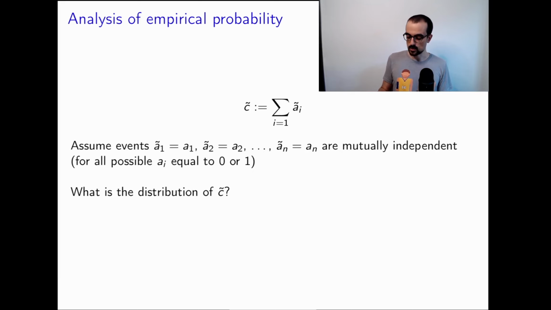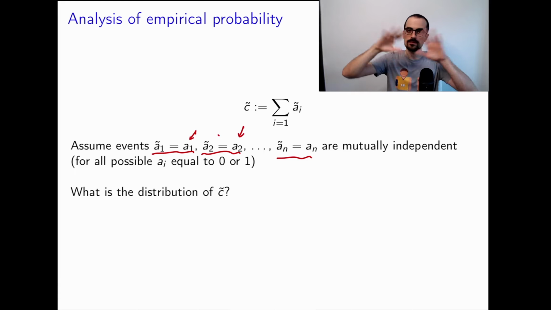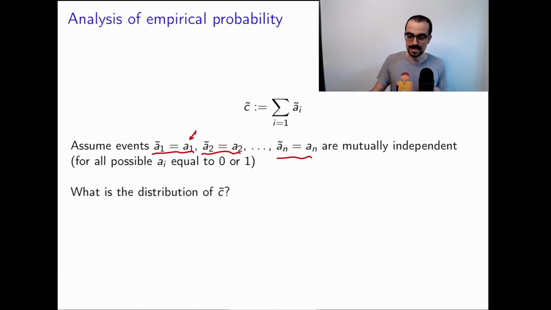The events A1 is equal to 1 or 0, A2 is equal to 1 or 0, up to AN equal to 1 or 0 are all mutually independent. Okay, so here I could put in any ordering of 0, 1, 1, 0, and so on. All of that should be mutually independent. And that's the assumption under which we're going to analyze the empirical probability estimator.